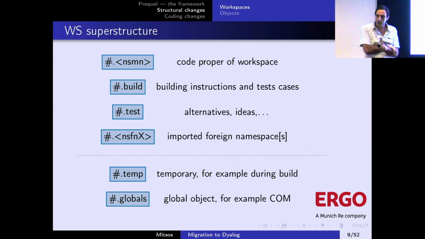It exists only at the level of coding and debugging. Foreign code is imported under the main namespace name of the workspace it is coming from. So the only thing I need is one specific name for each workspace to distinguish them. There are also some names reserved for temporary or global objects.